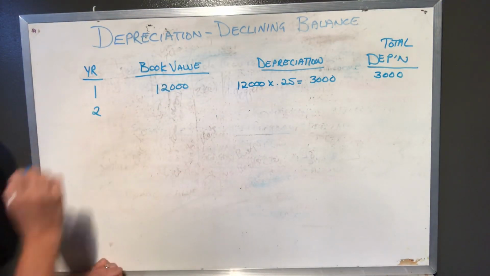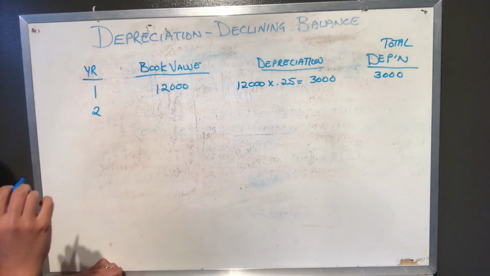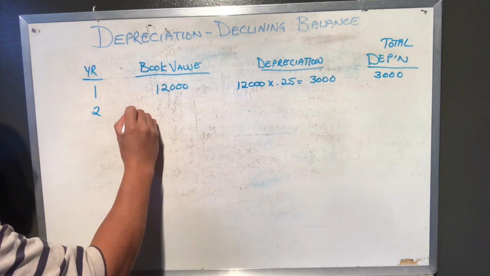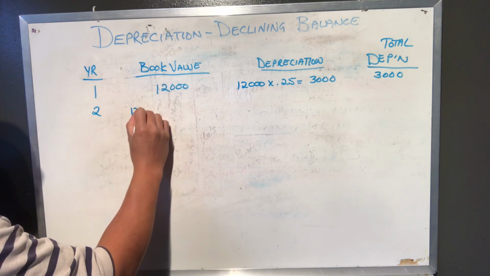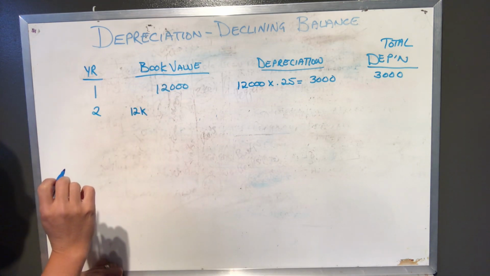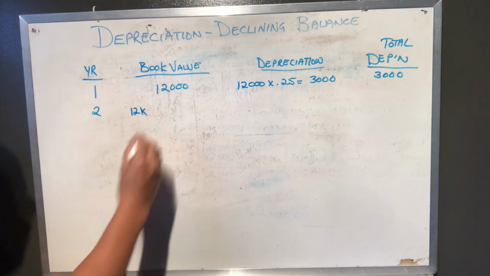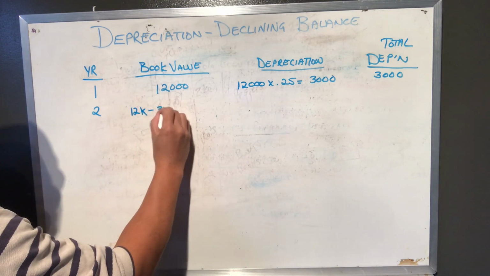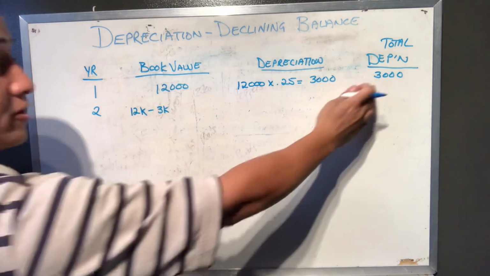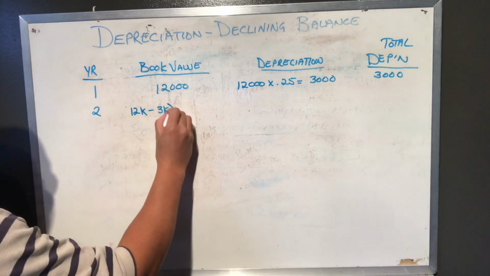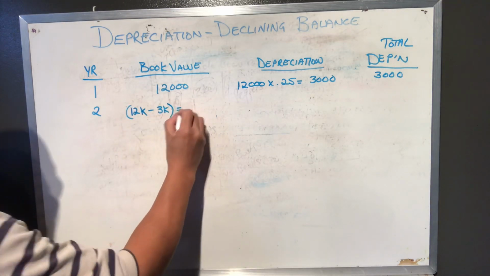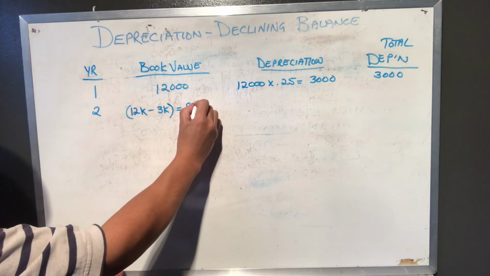In year 2, the book value will be calculated as 12,000, I'll just denote 1,000 in K to save some space, minus the $3,000 here. So that would give us $9,000.